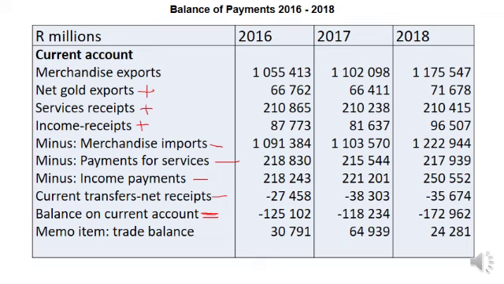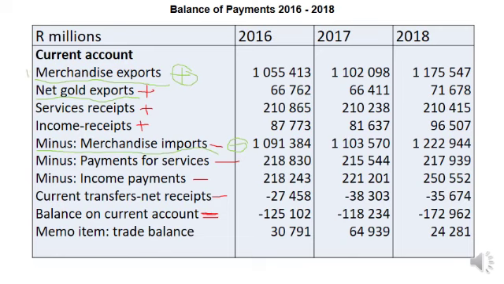Then another calculation that you need to be able to do is our trade balance, this last item. Now your trade balance is only your merchandise and the gold. So what you'll do is you'll use merchandise exports, add your net gold exports, and then subtract merchandise imports. So only those three amounts are involved in your trade balance calculation.